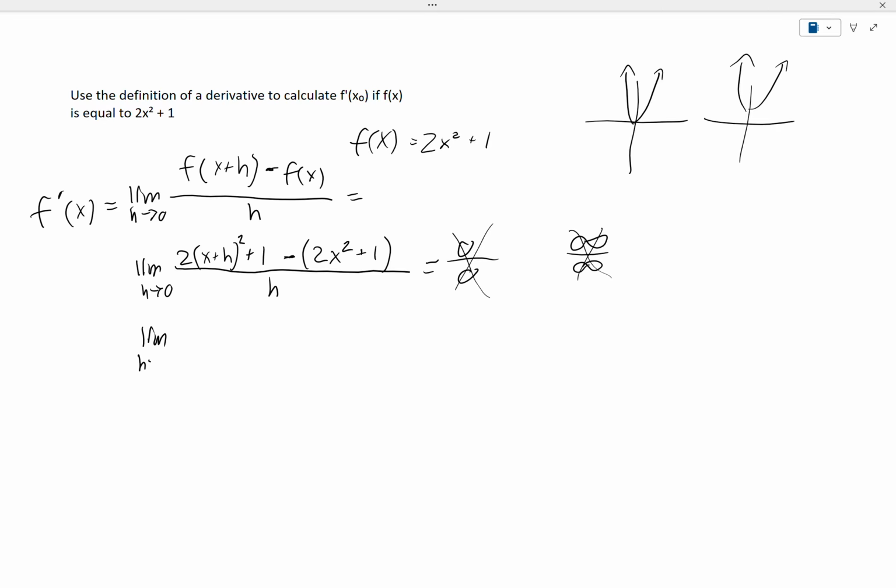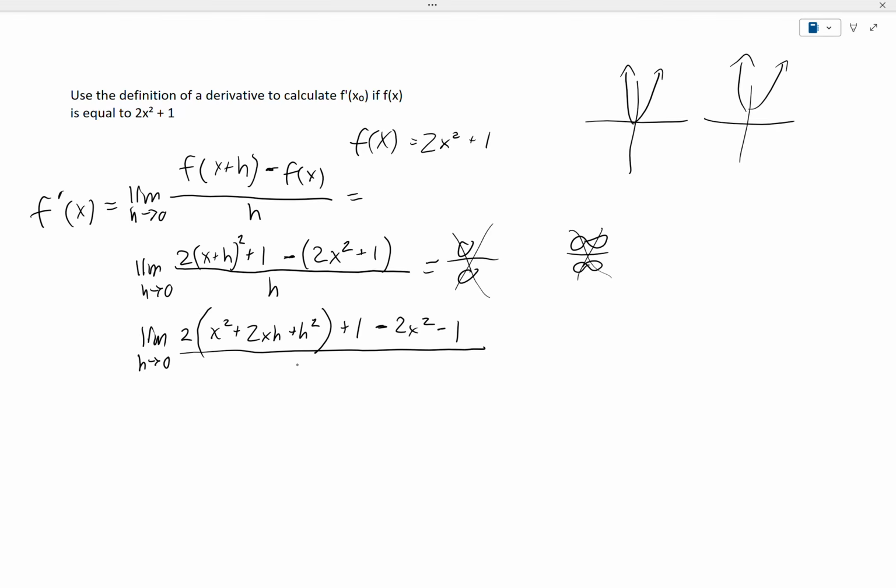So I'm writing limit as h goes to 0 of 2 times, now I'm going to do FOIL right here, x squared plus 2xh plus h squared. Then I'm adding 1. Then I'm subtracting, and I'm going to distribute the negative here: 2x squared minus 1. Negative 2x squared minus 1.